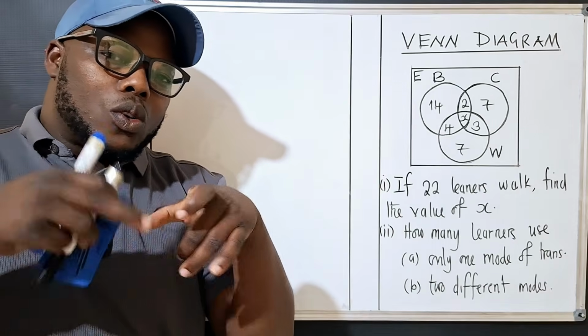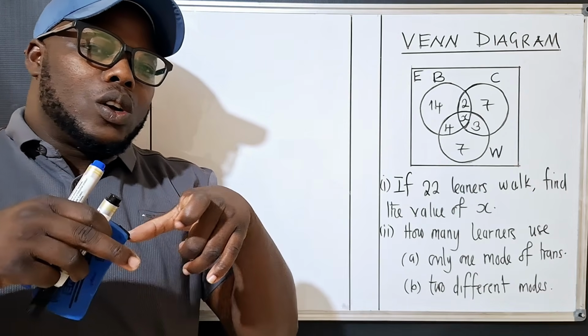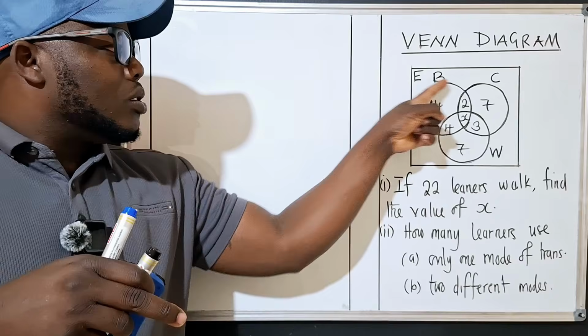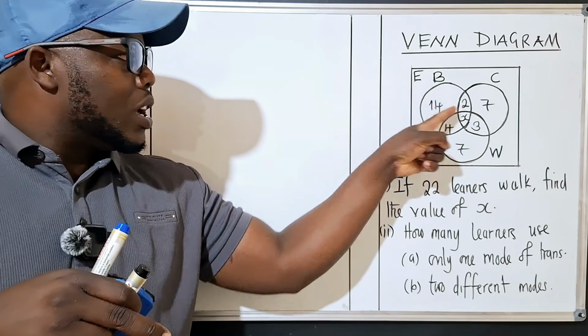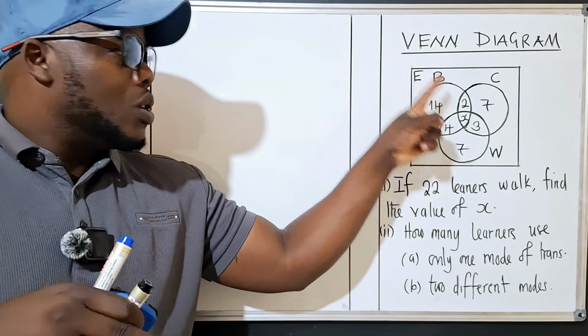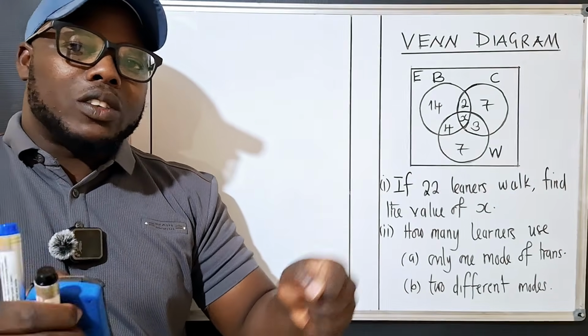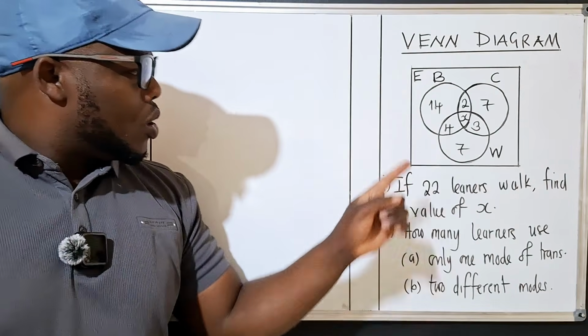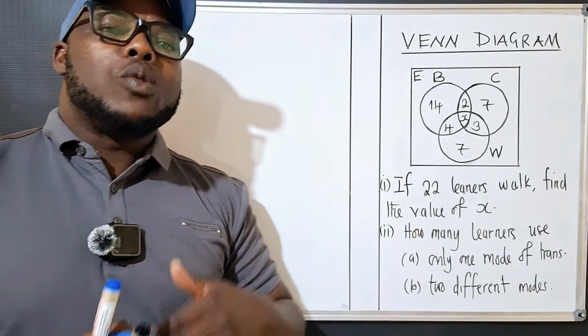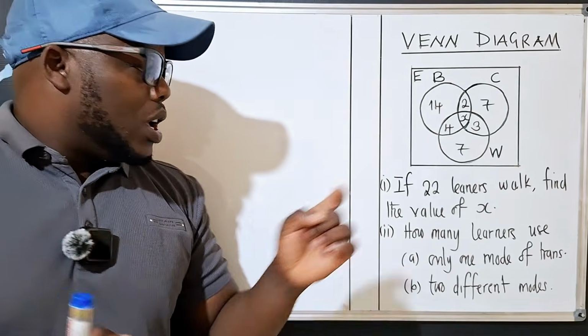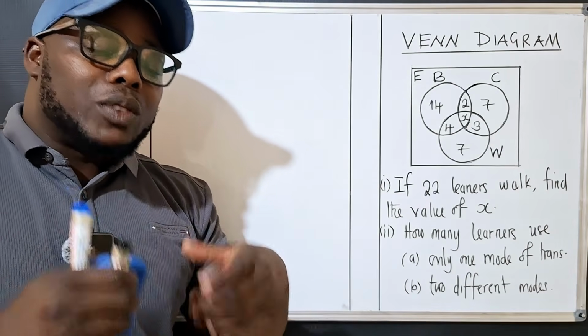There's a school, and at that school, these students here use a bus when going to school, while these use a car. They are driven maybe by their parents or drivers going to school, while these walk.